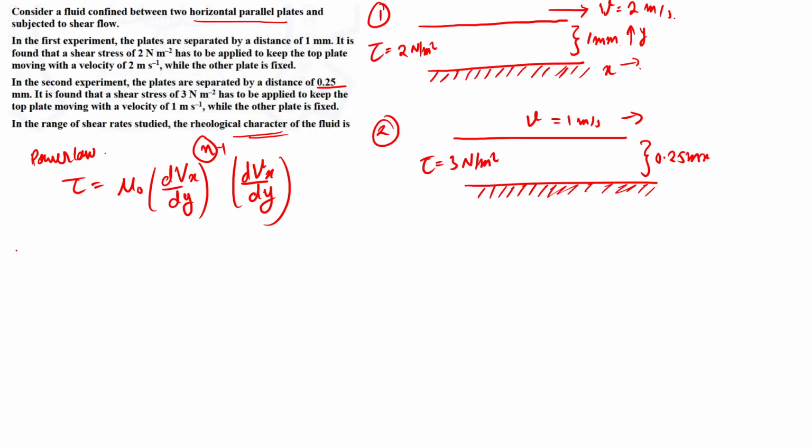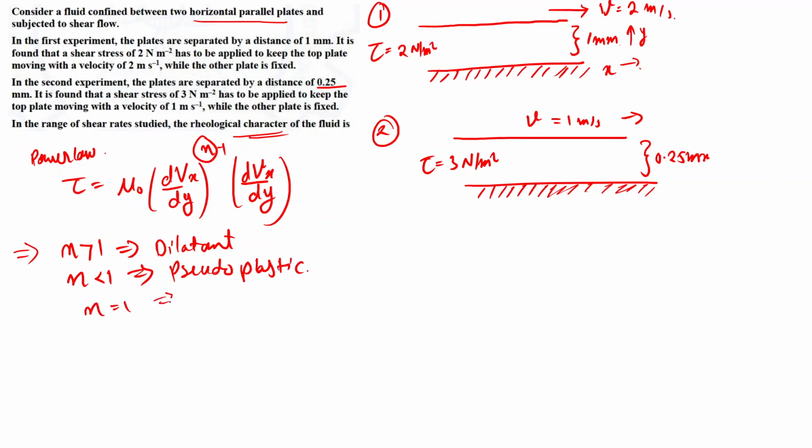Basically, if n is greater than 1, that implies the fluid is a dilatant fluid. If n is less than 1, that implies it is a pseudoplastic fluid. If n is equal to 1, then we can say it is a Newtonian fluid. And if there is any other form of this tau, then it won't lie in these three categories.